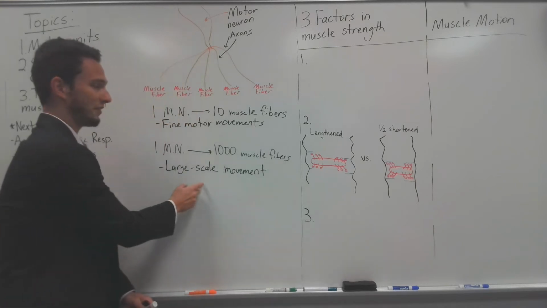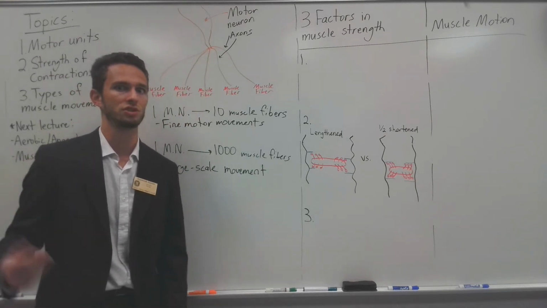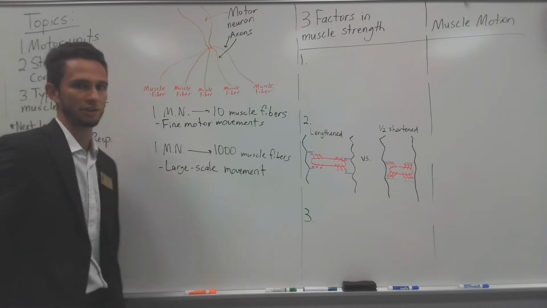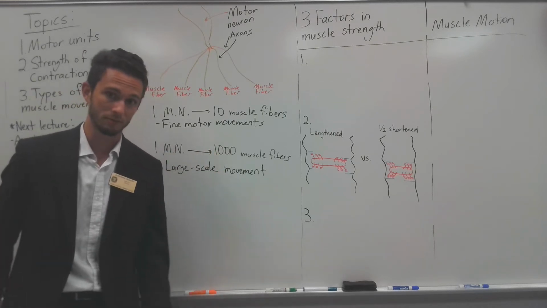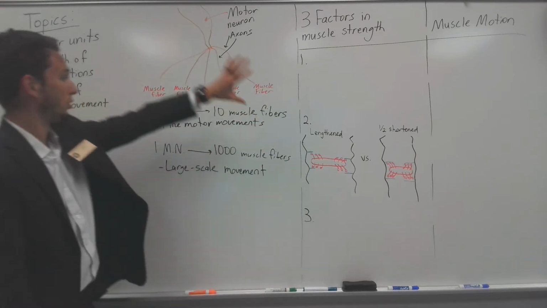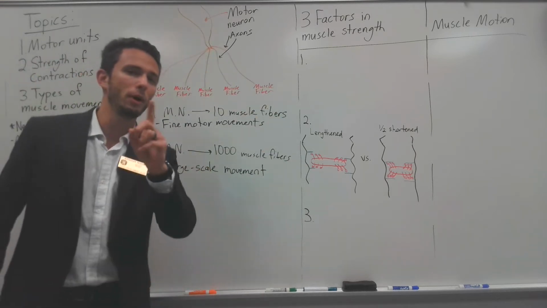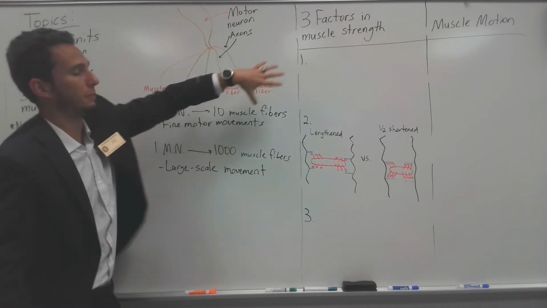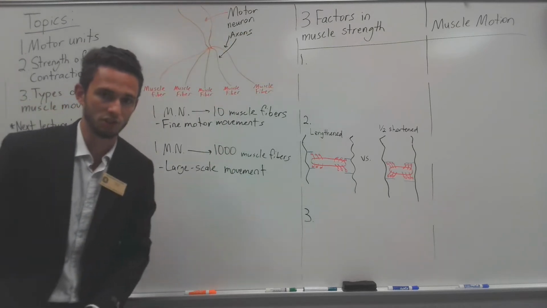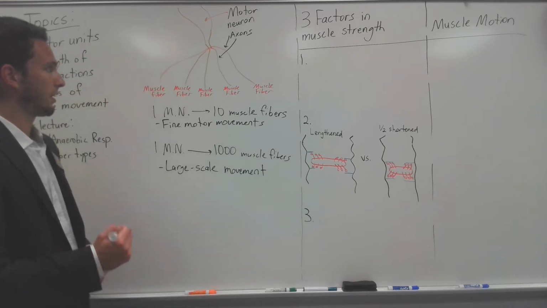You don't have as much fine control over these because you simply just don't have as many motor neurons going to the area. One is going to control a lot of muscle fibers, okay? So that is a motor neuron and a motor unit. So one motor unit would be basically the motor neuron combined with all of the muscle fibers that it innervates. That's a good definition for a motor unit.